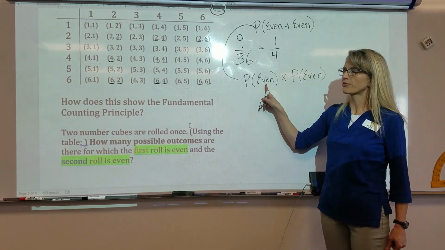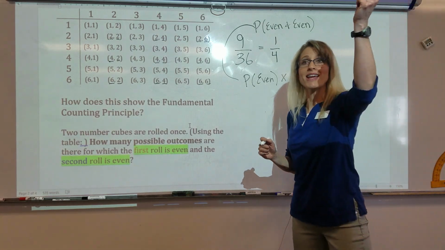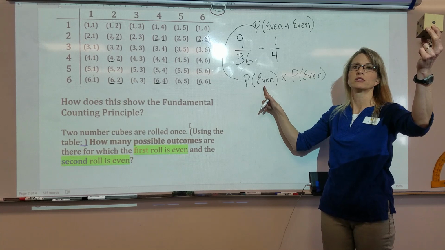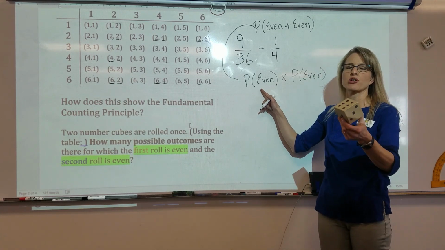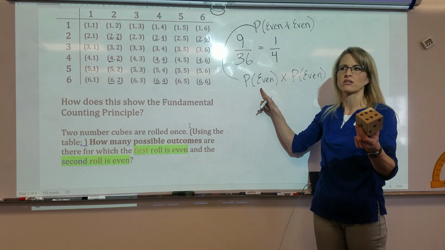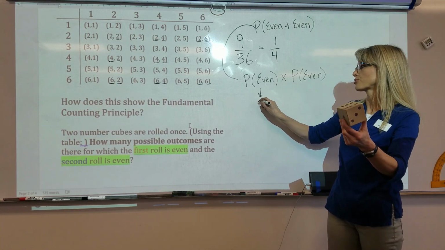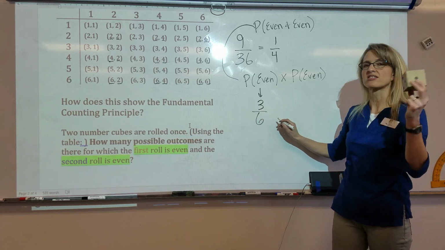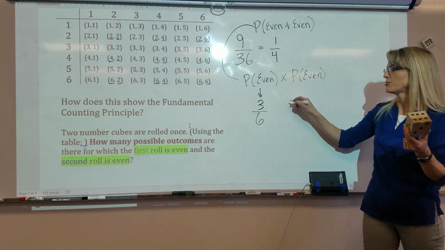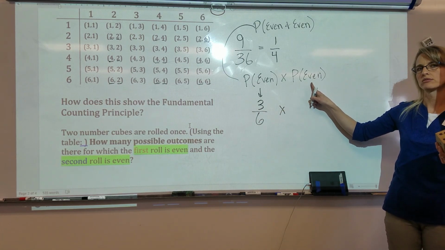So the probability of rolling an even on one dice, that's one event. Well, my even numbers are 2, 4, and 6. Okay, so my probability of rolling an even on one dice, there's 3 even numbers out of a total of 6 numbers on the cube. It'd be the same for the second dice, right?